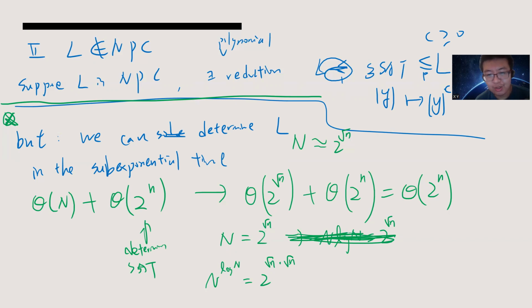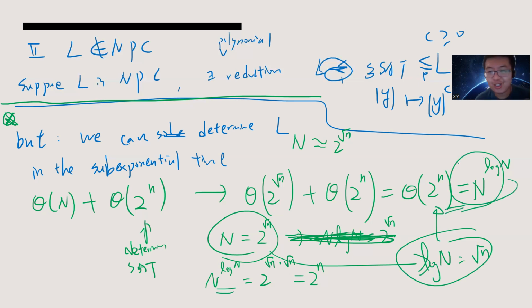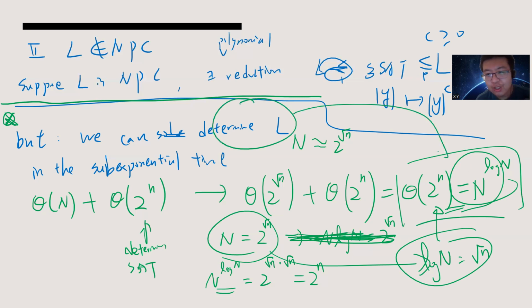So it's 2 to the square root N times square root N, so it's 2 to the N. Okay, so this is N log N. You can try to write this in terms of log N equals square root N and then plug it in, but if you are smart, you just guess that capital N log N will be this. So we can determine L in capital N log N time just using brute force, right? We just verify all the possible assignments.